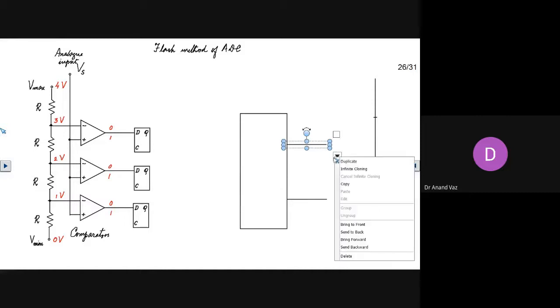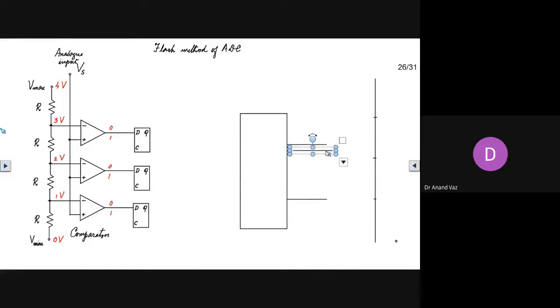These latches will provide an output depending upon the trigger which is provided at the input C. We will show that input C as well now. So let's take another lead for the trigger.